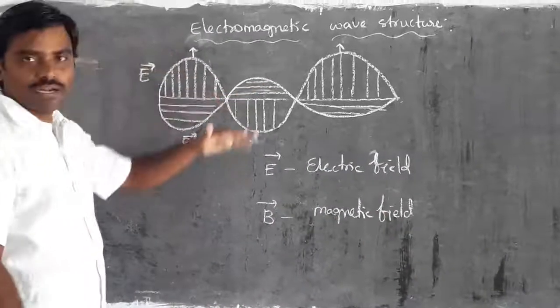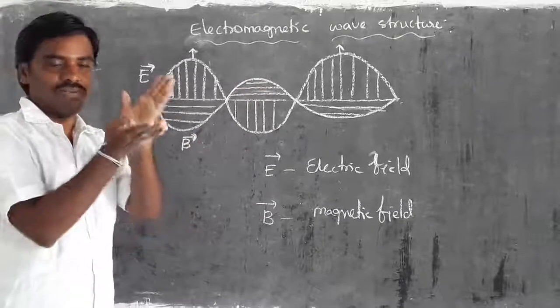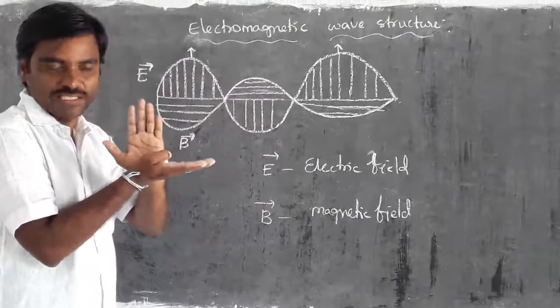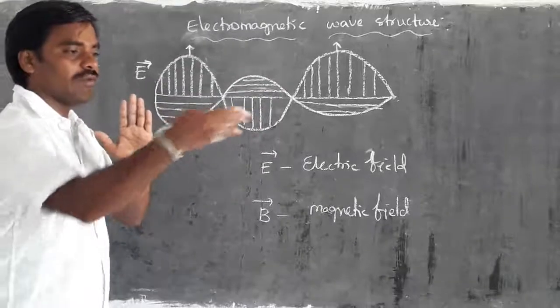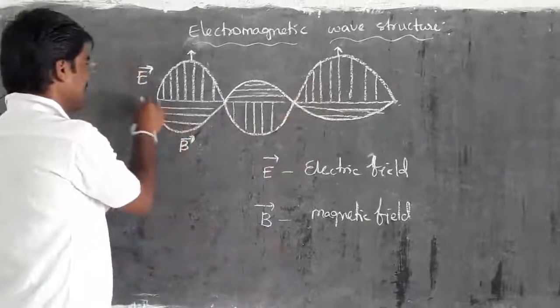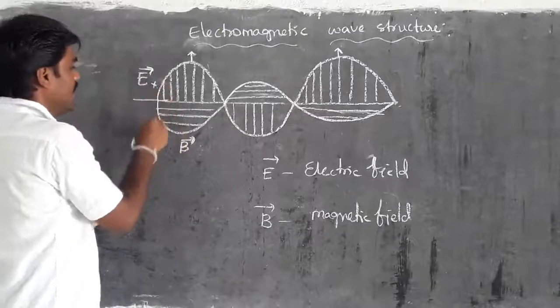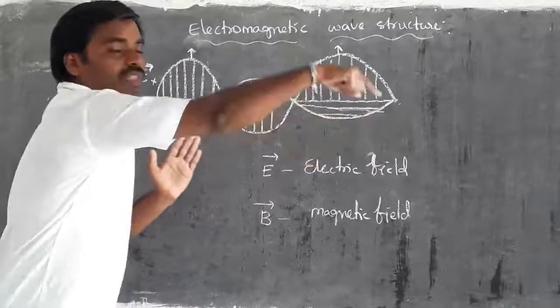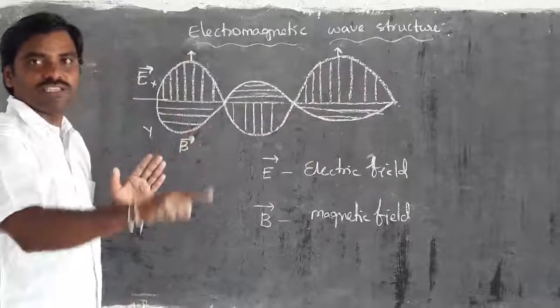These two are perpendicular, which means if one is on the x-axis, the other one is on the y-axis. Then this one moves on the x-axis, right? And this one is on the y-axis like this.